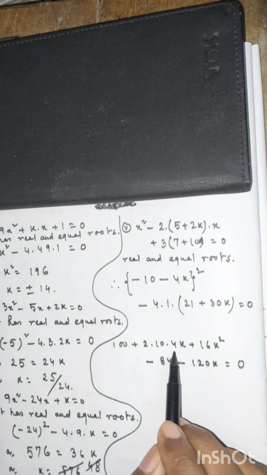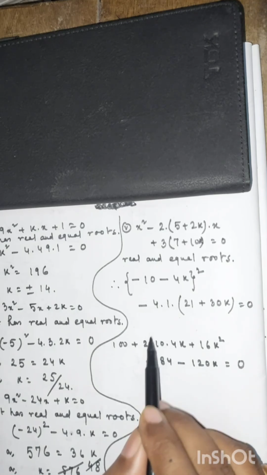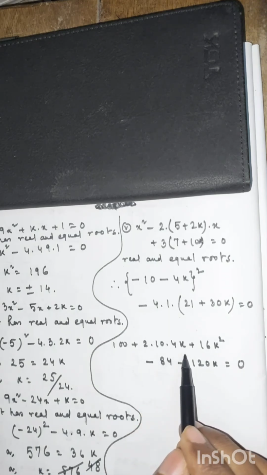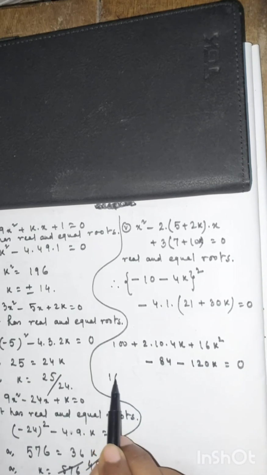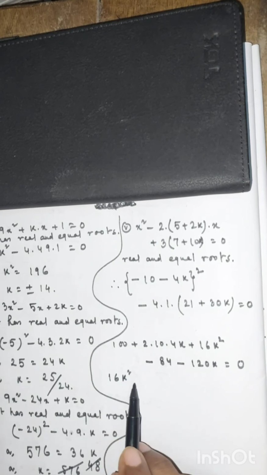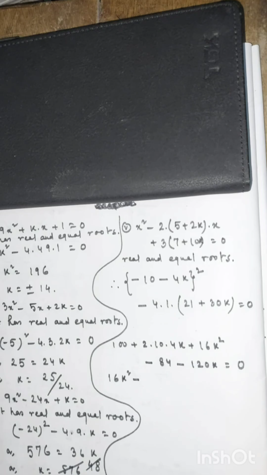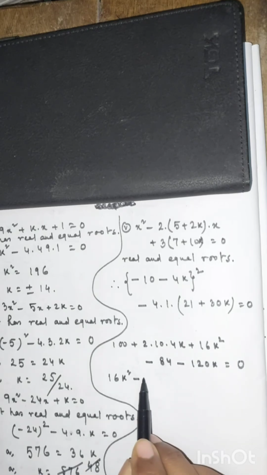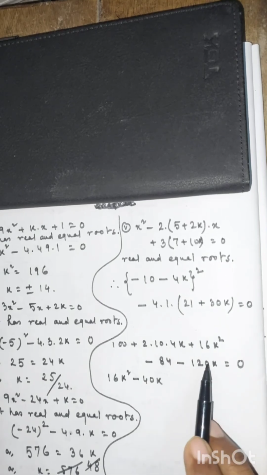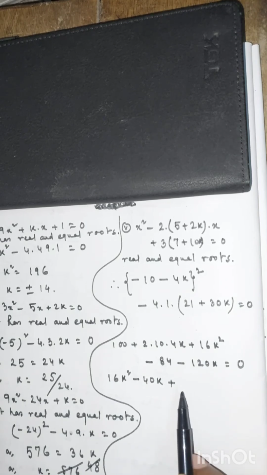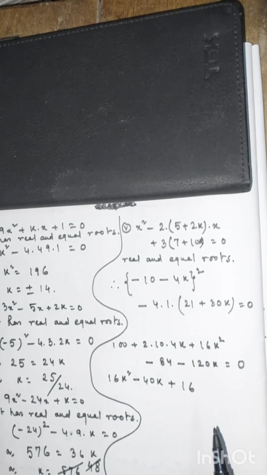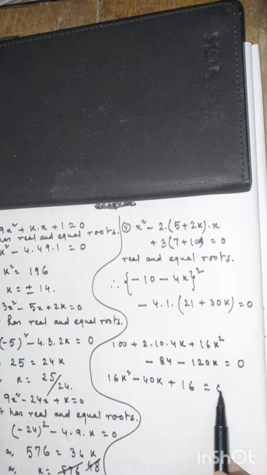So this part is 80k and this part is minus 120k, so it becomes 16k square minus 40k plus 16 equal to 0.